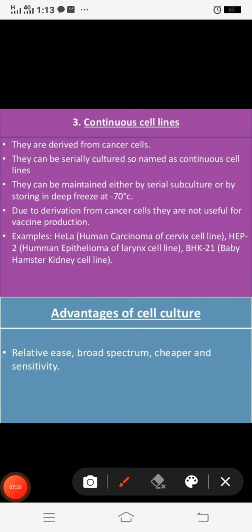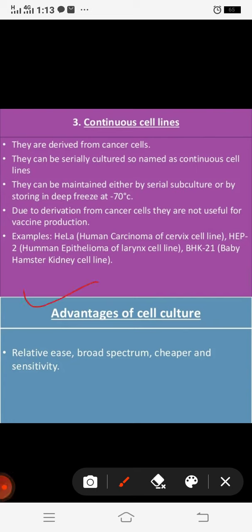Due to derivation from cancer cells, they are not useful for vaccine production. Examples are HeLa, human carcinoma of cervix cell line, HEp-2, human epithelioma of larynx cell line, and BHK-21, baby hamster kidney cell line.